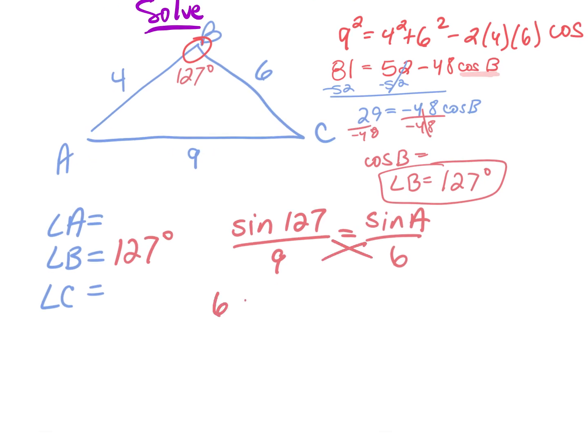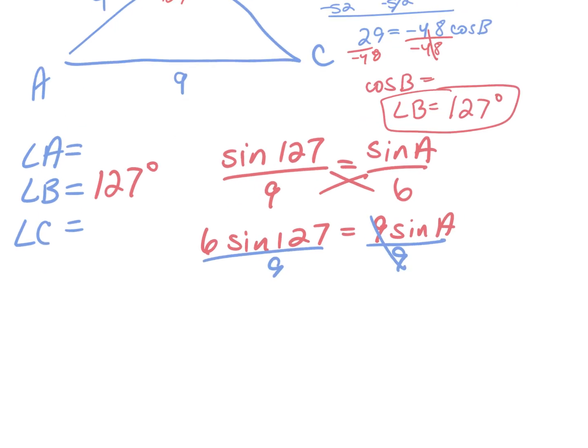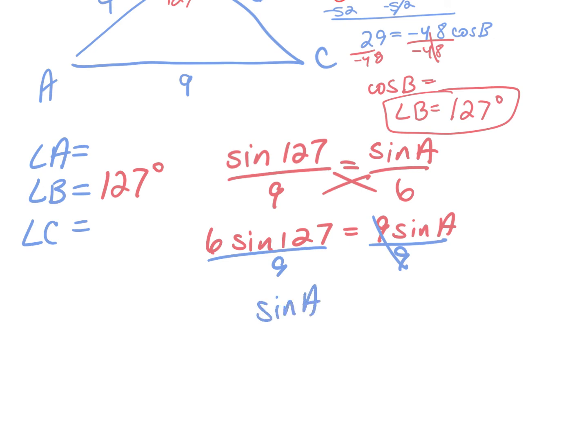So I have 6 times the sine of 127 equals 9 times the sine of A. I'm going to divide both sides by 9. And I get that the sine of A equals, in your calculators, guys, 6 times the sine of 127 divided by 9.